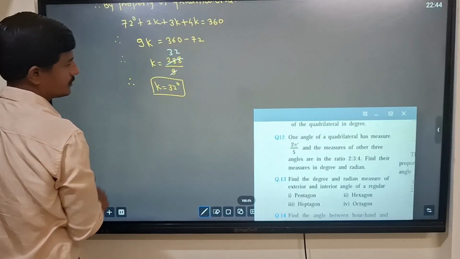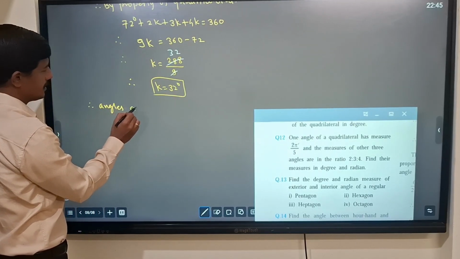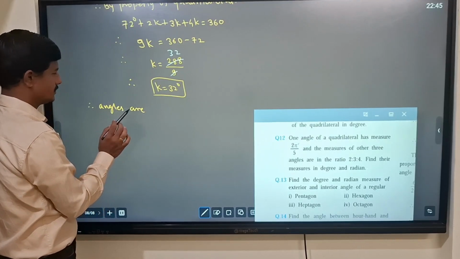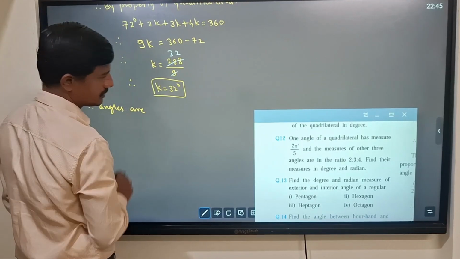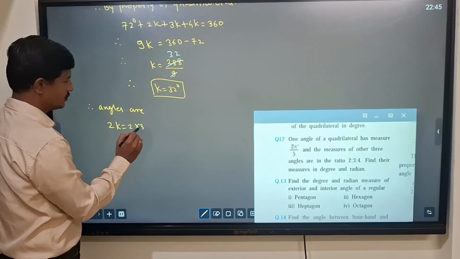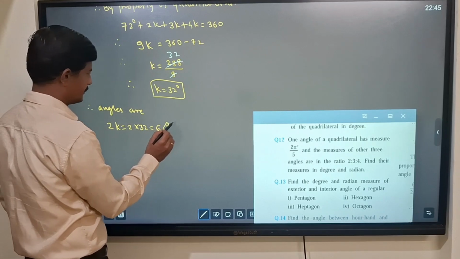Now therefore, angles are, first one is 72 degree and that is there. Therefore angles are 2k equal to 2 into 32 is equal to 64 degree.